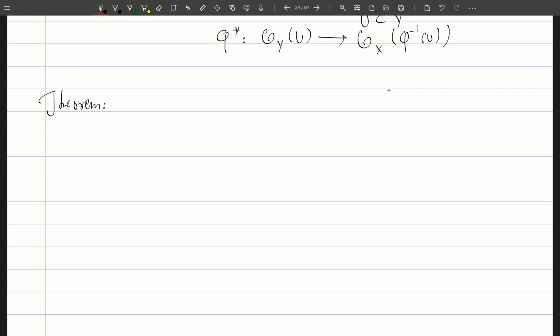It states the following. Let x and y be varieties, and assume that y is a subvariety of A^n.